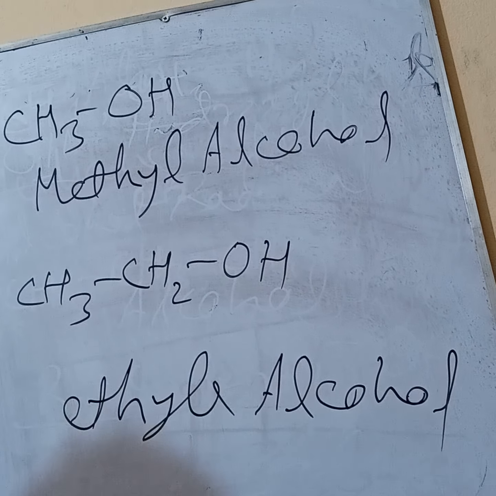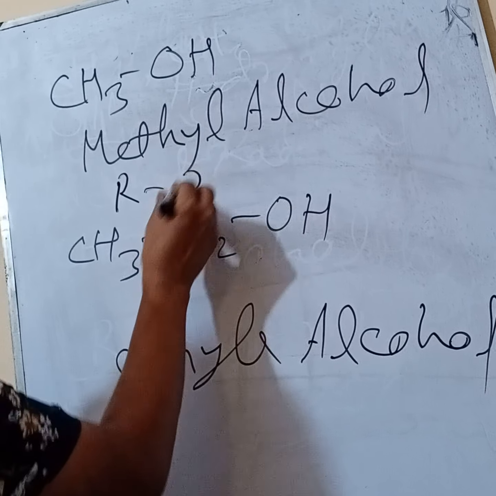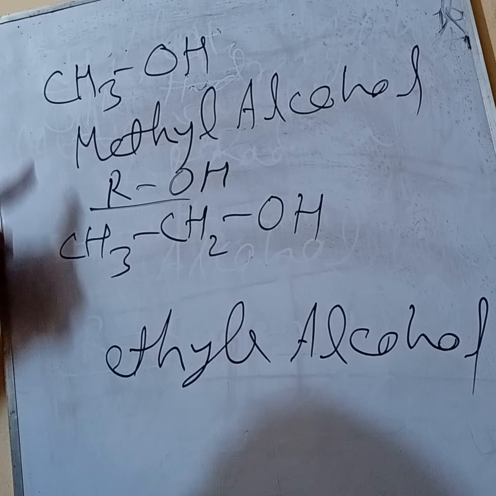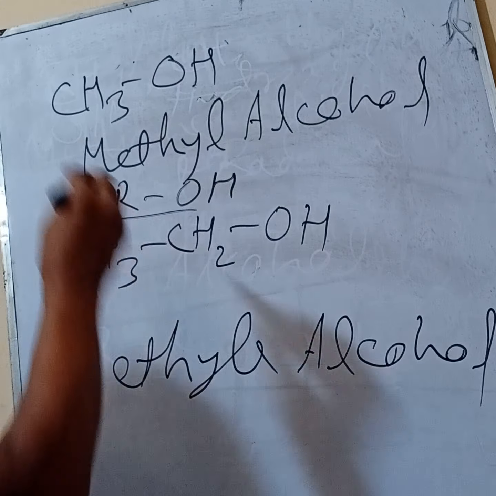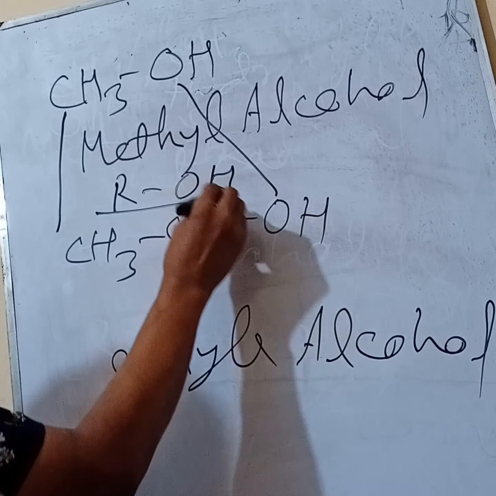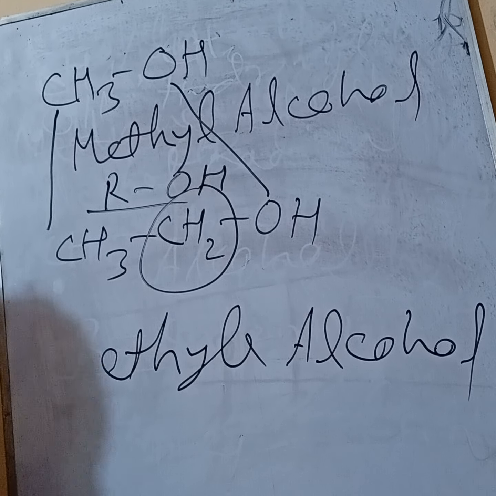Methyl alcohol, ethyl alcohol. Its common name is ROH, alkyl and OH. CH3OH, CH3CH2OH. The difference is CH2. It is a homologous series.